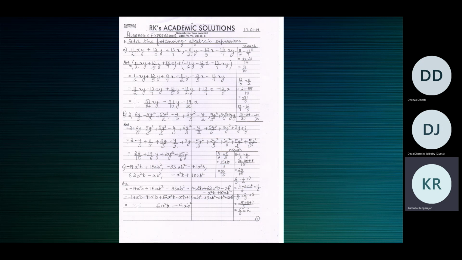All right. So algebraic expression. What is an algebraic expression? To define an algebraic expression, we need to understand the meaning of the terms constants and variables. Once you understand what a constant and a variable is, then you will be able to understand the meaning of the term algebraic expressions.